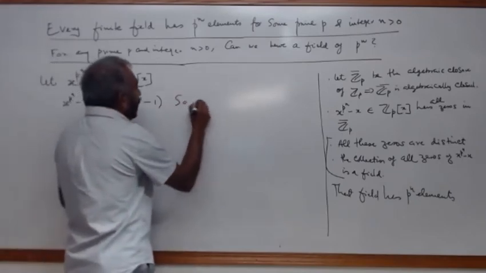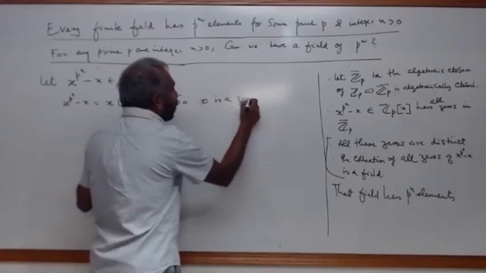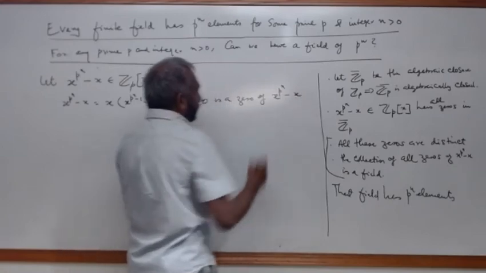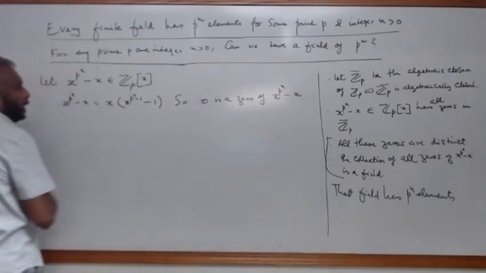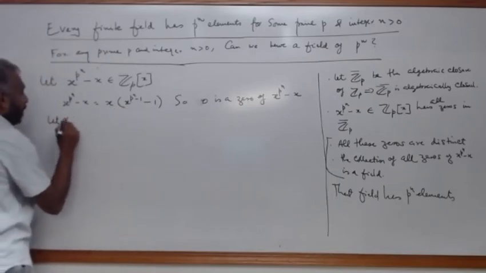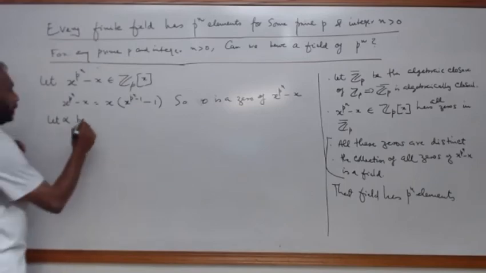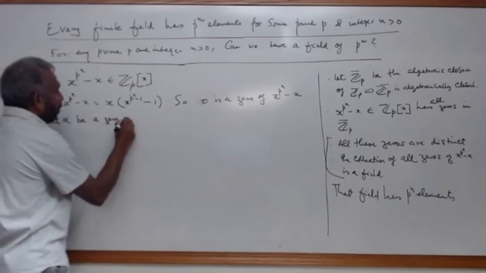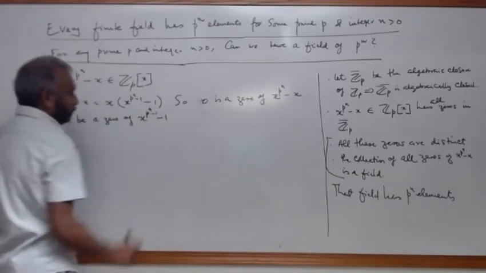So 0 is a 0 of x to the power of p to the power of n minus x. Now we are going to take only this. So let alpha be a 0 of x to the power of p to the power of n minus 1 minus 1.